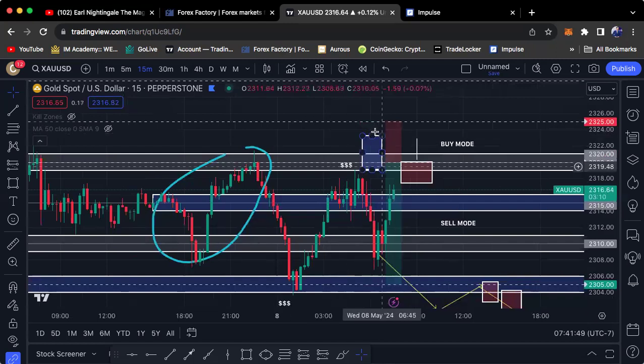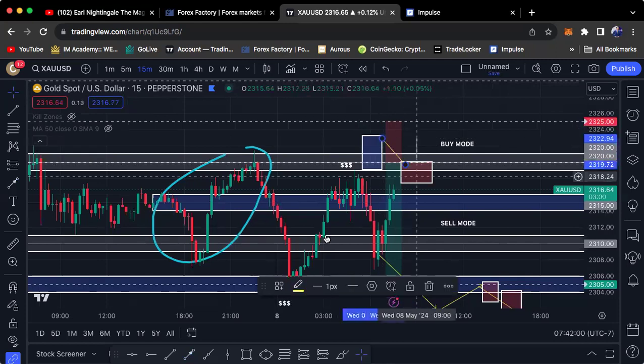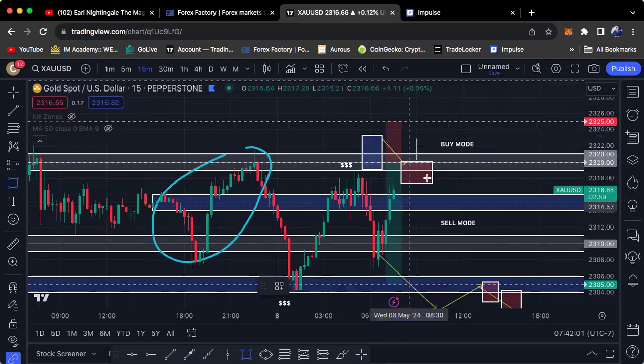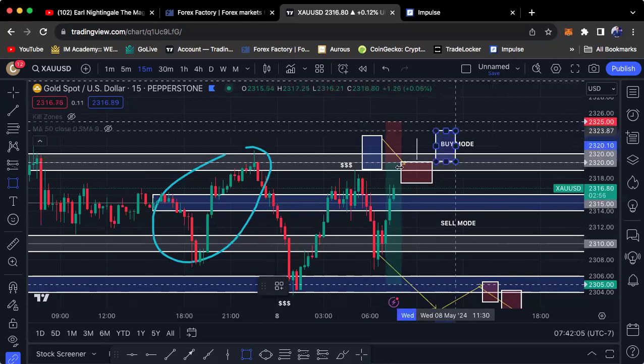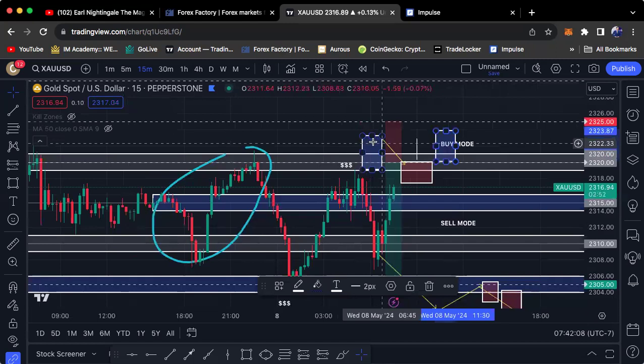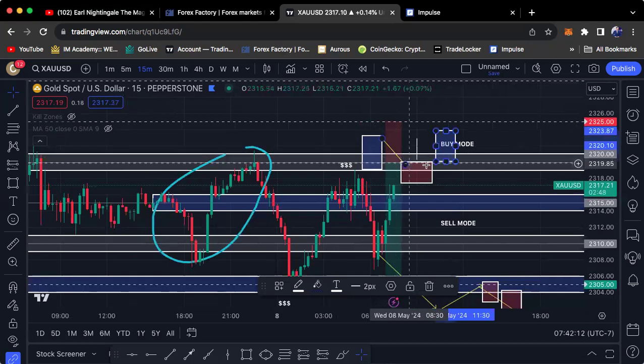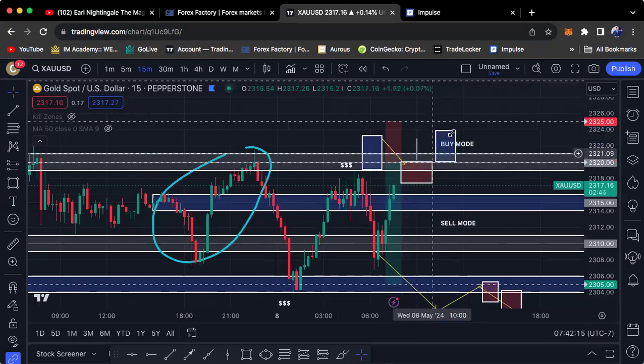Because it may break above, come back to retest, create a bearish candle here, and then the next candle will probably be bullish, and then boom, that's a break and retest right there. Okay.